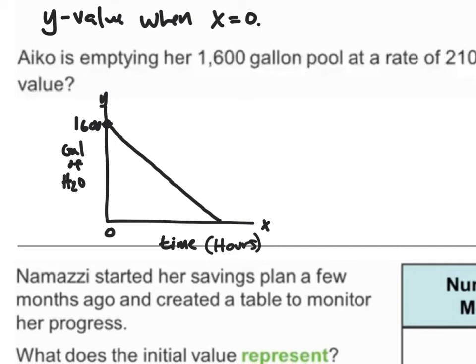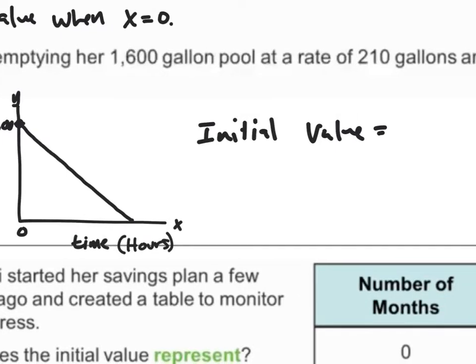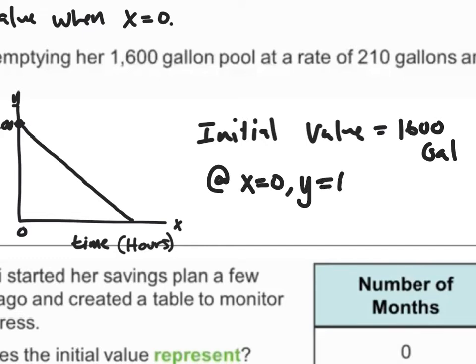So my initial value is equal to 1,600 gallons, okay? I know that because at t equals 0, time, or x equals 0, my y value is 1,600, okay? And that's how we do that.